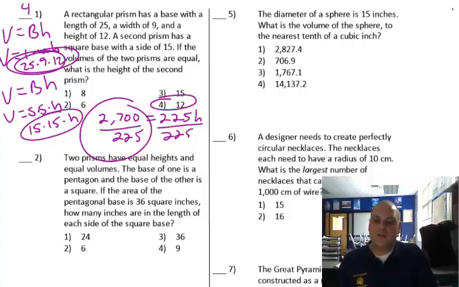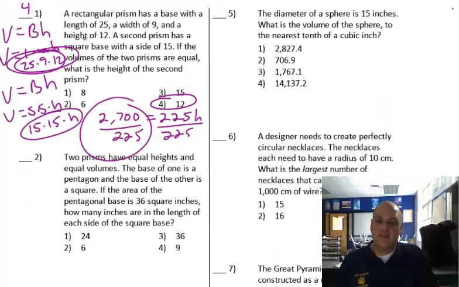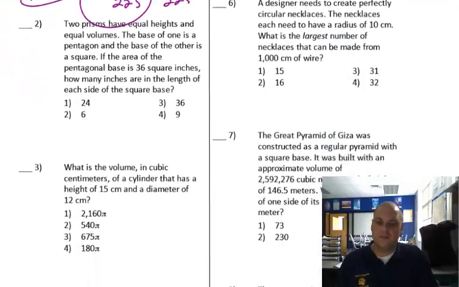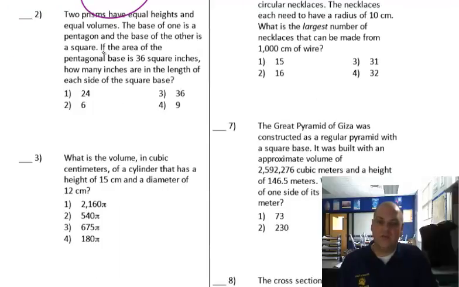All right, so two prisms have equal heights and equal volumes. The base of one is a pentagon, so we have a pentagonal prism. That's 5 sides. And the area of that base is 36. So capital B equals 36. The base area of the pentagonal prism is 36. And then the other one has a square base.